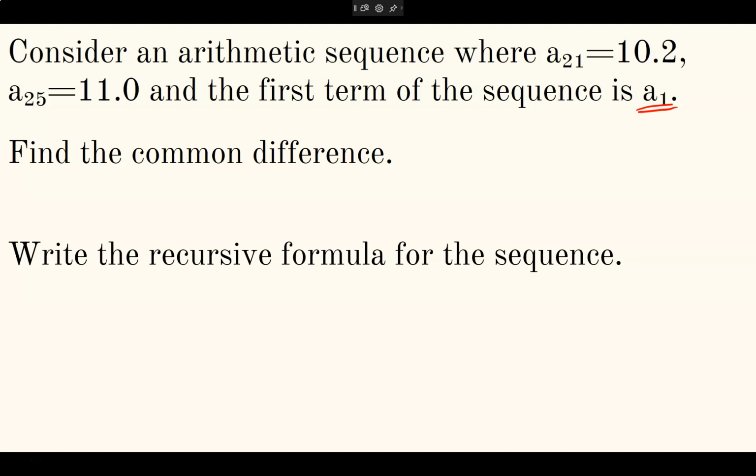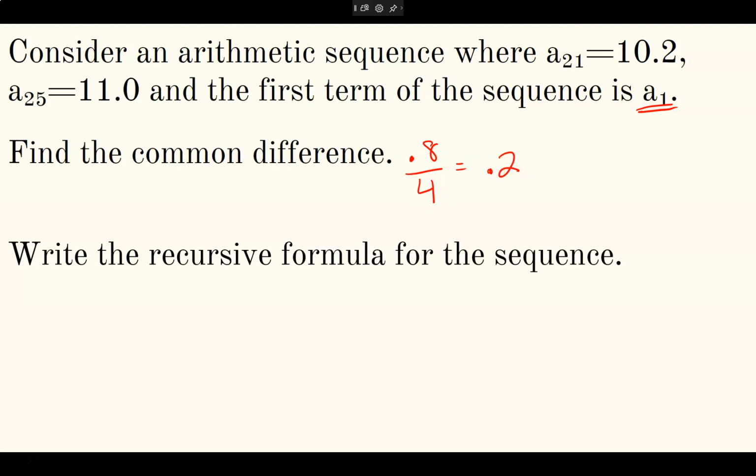The first thing it wants us to do is find the common difference. I've gone from a sub 21 to a sub 25. How many terms have I gone through? We've gone through 4 terms, and I went from 10.2 to 11. I've gone 0.8 in 4 steps. So if I've gone 0.8 in 4 steps, what was my common difference each time? 0.2.